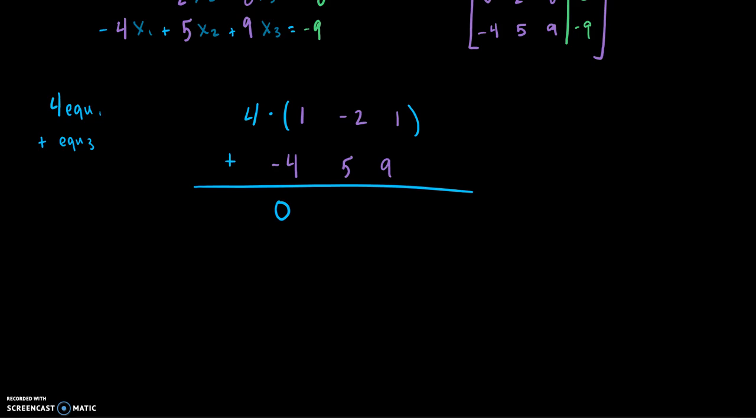Again, we're canceling all this stuff out. Now we're going to say 4 times negative 2. Well, that's negative 8, and then we add it to 5. Negative 8 plus 5 is going to get us negative 3.